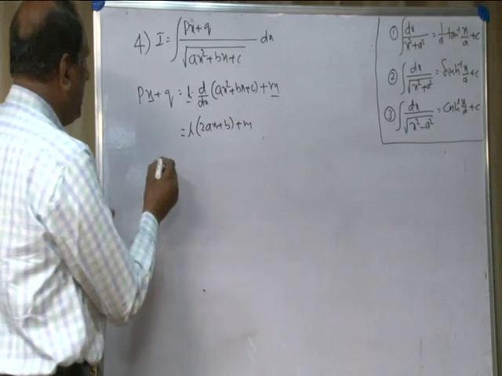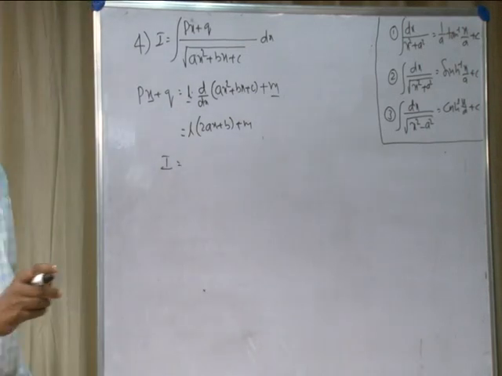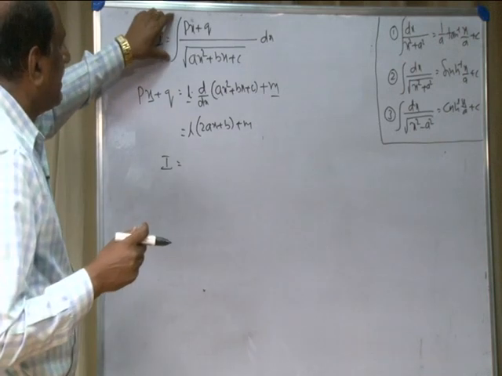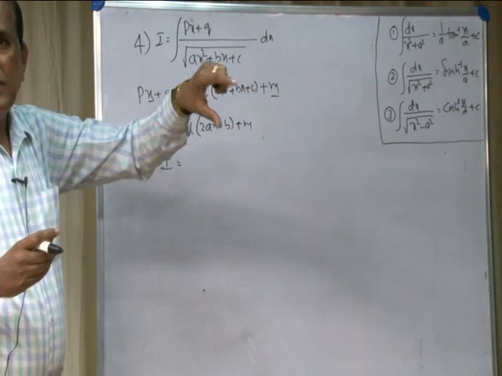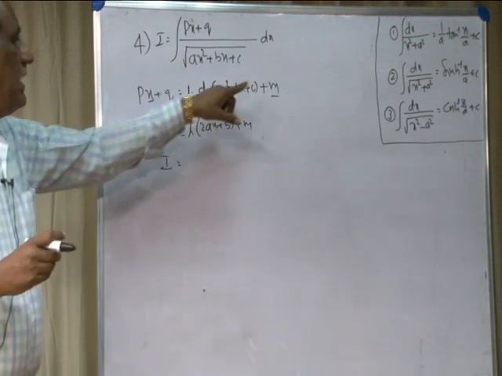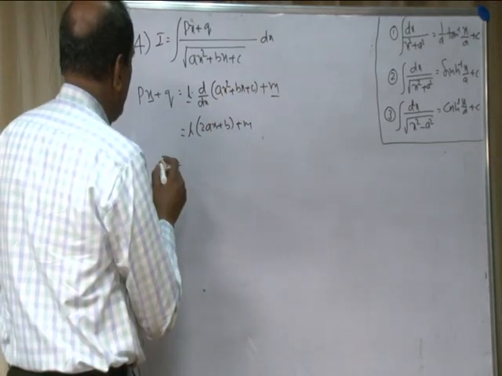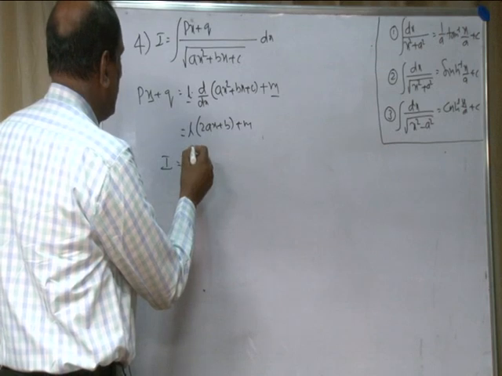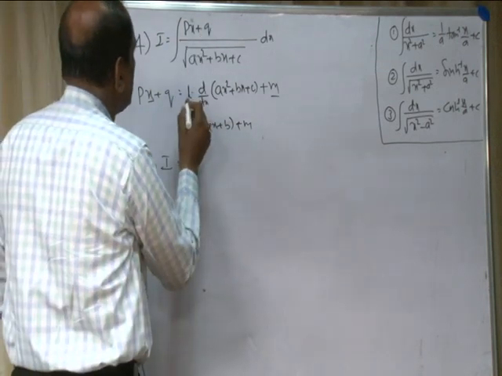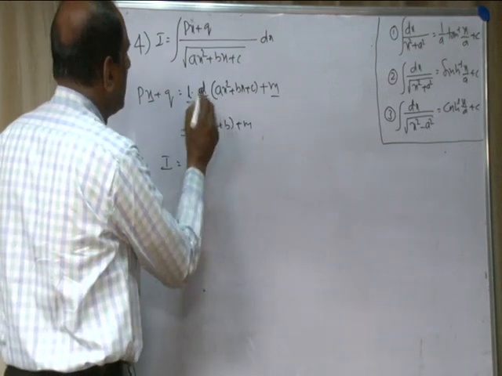Now the given integral can be written in two forms, that is, one integral can be expressed as the sum or difference of two integrals by the L and m constants. See here, the first integral I is equal to, px + q can be written as L into d of (ax² + bx + c).